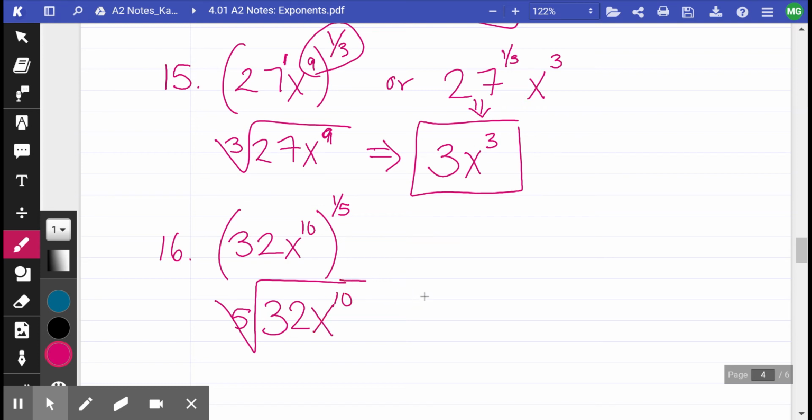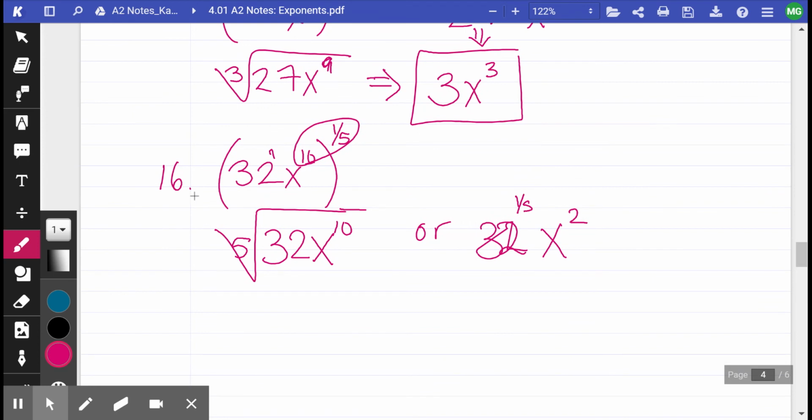Or you could do 32 has an exponent of 1, so power to a power, we power apply. 32 to the 1/5, and x to the 10 times 1/5 is like 10 divided by 5, which is 2. And then that's a 2 there. And then you can type 32 to the 1/5 power in your calculator, or again, go to your math menu in your calculator and choose it there, and that should give you 2. And then keep your x to the 2nd.